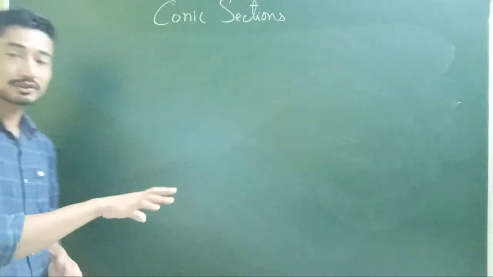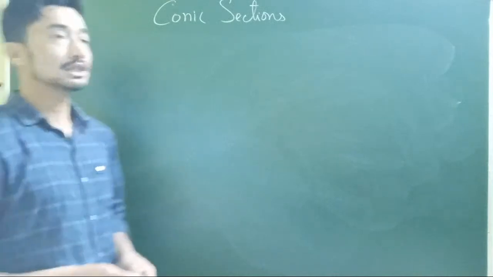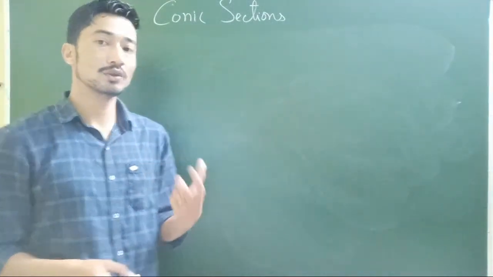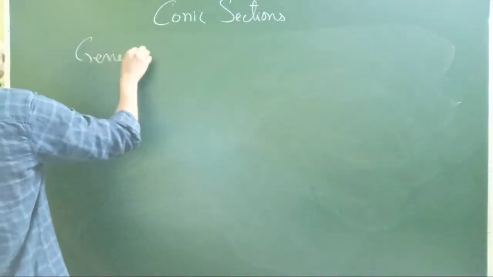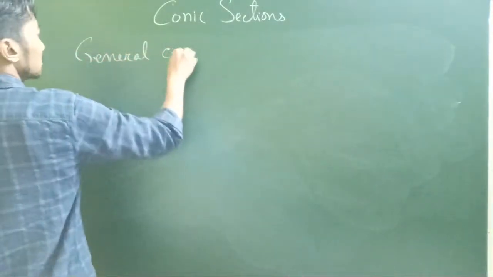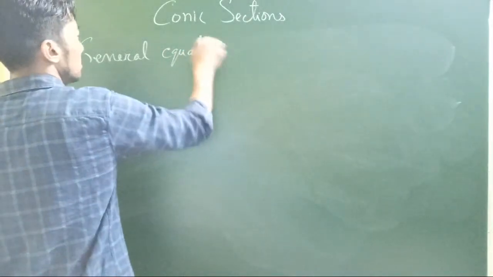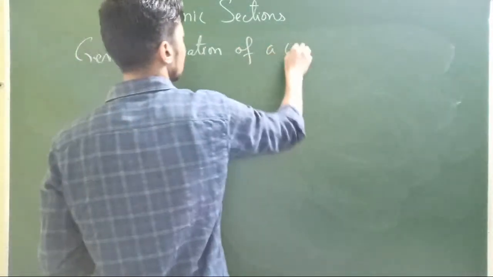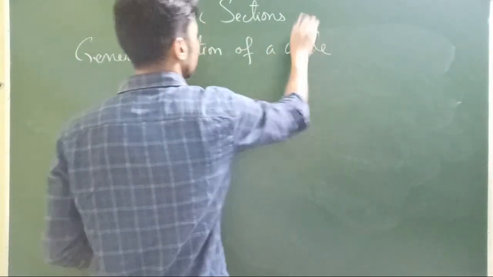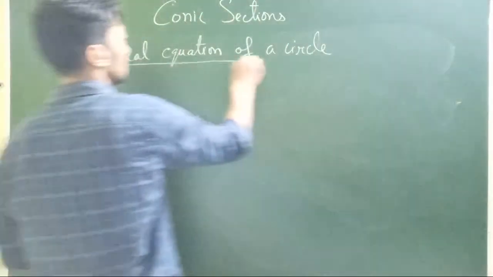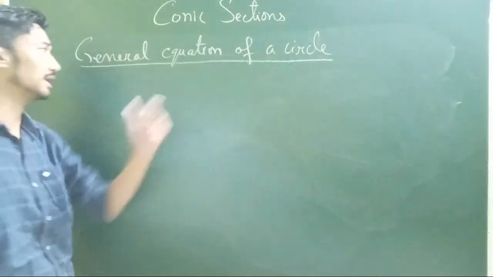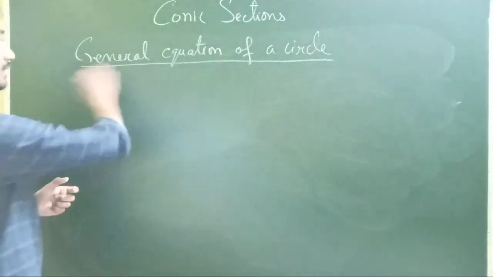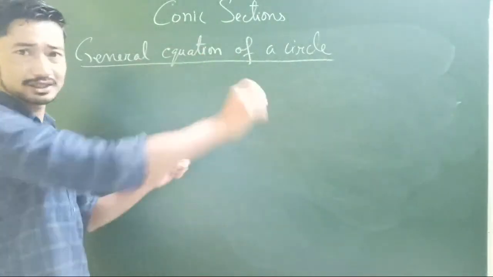Now, as we have just done the standard equation already, let's go for the general equation of a circle. I'll tell you what is the difference between the standard equation and the general equation of a circle, but let's first write it down.